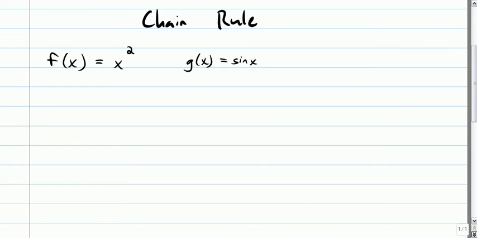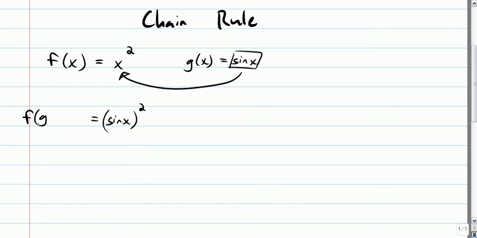We could compose these functions. We could take sine x and plug it in for x squared, and turn this thing into sine of x squared. That is f of g of x. Another way you could compose it would be to plug f into g.